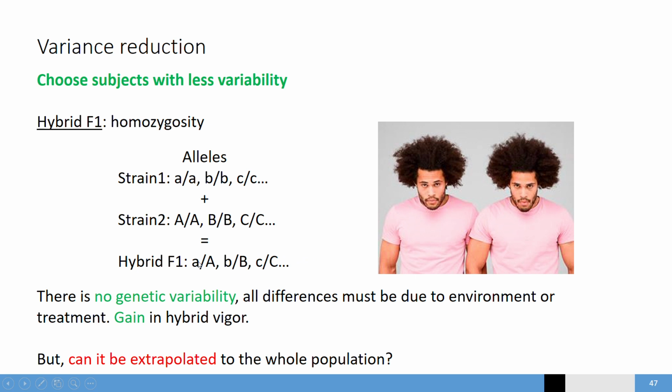So again, there is no genetic variability, but they have a little bit more options for choosing the version of the gene to use, and they have gained something that is called hybrid vigor. Okay, but still you are working with twins, so how can you know that your finding in these twins can be extrapolated to the whole population?